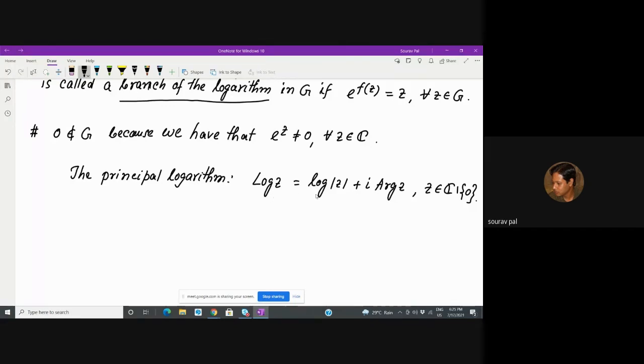If we want to declare this, we know that if we call this f(z), if we take this to be f(z) on this domain, and if we call this G, which is C minus 0, then what do we see? e to the f(z), we have seen this as a remark.